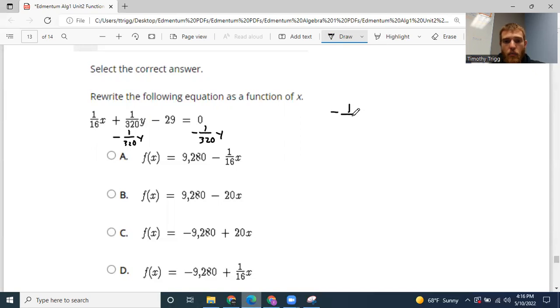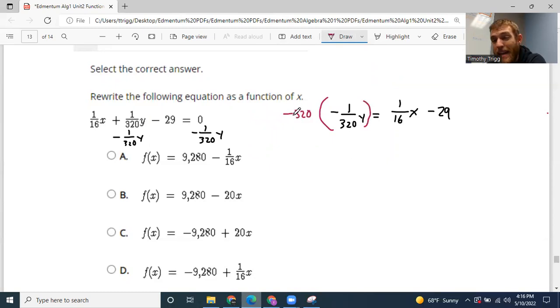So I've got negative 1 over 320y equals, and I'm going to put the other stuff on the other side of the equation: 1 over 16x minus 29. Now to help us solve for y, how do I get rid of this fraction? You want to multiply by negative 320.